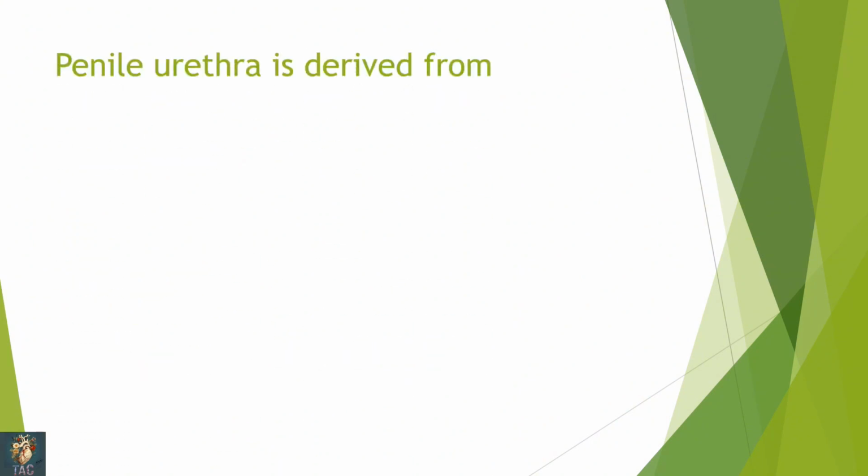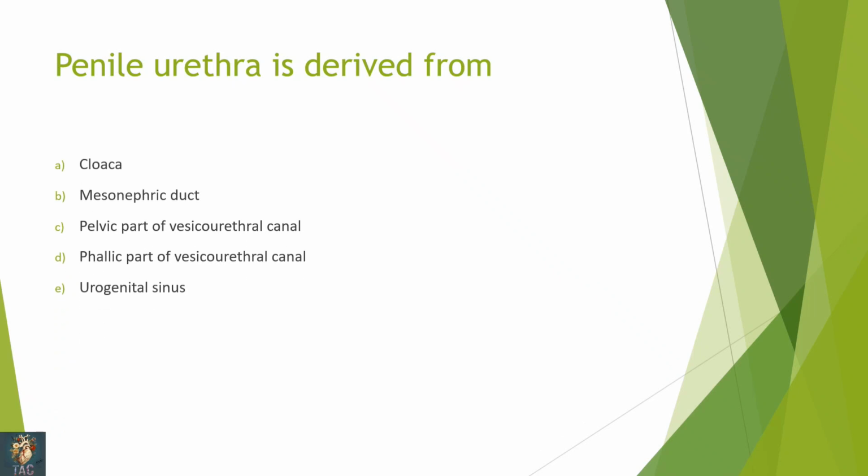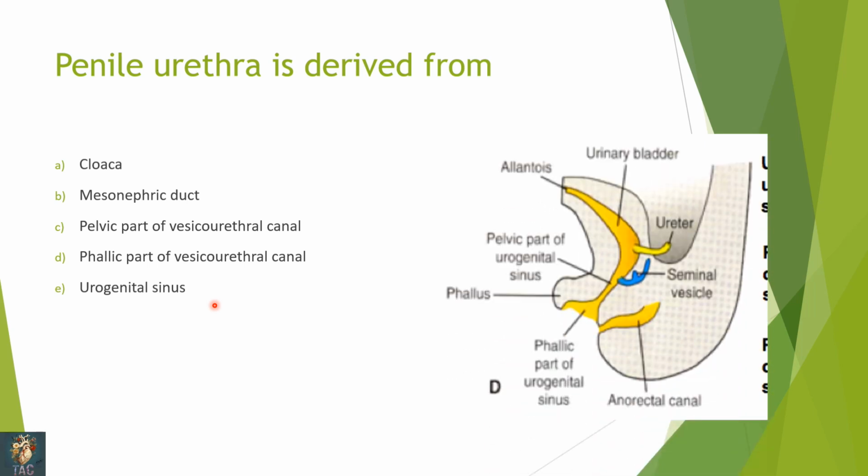Next MCQ: the penile urethra is derived from the cloaca, the mesonephric duct, the pelvic part of the vesicourethral canal, the phallic part of the vesicourethral canal, or the urogenital sinus. So here is the diagram. You can see the urogenital sinus divided into three parts. The upper part mainly forms the urinary bladder.